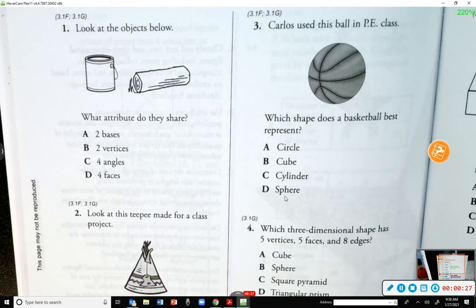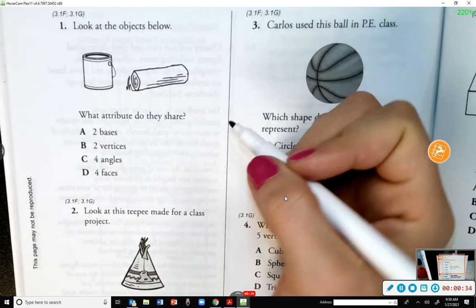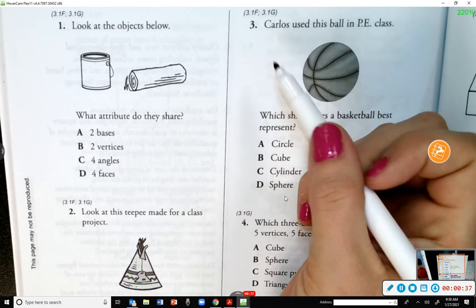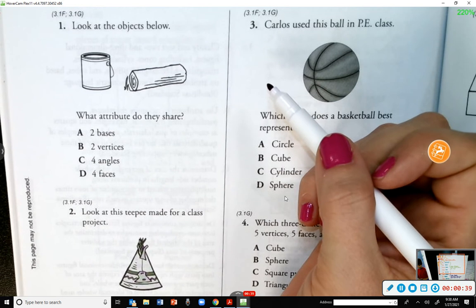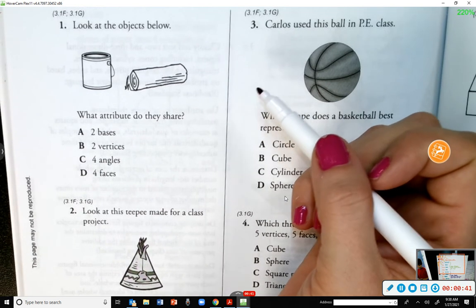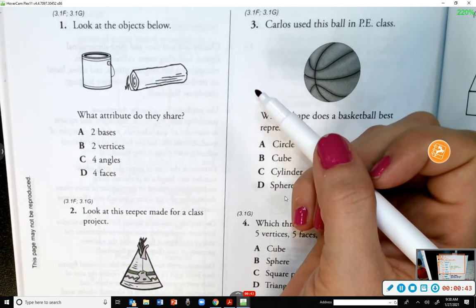Number 1 says, look at the objects below. What attribute do they share? So what attribute do y'all see that they have in common? They're not straight. They have curved surfaces.